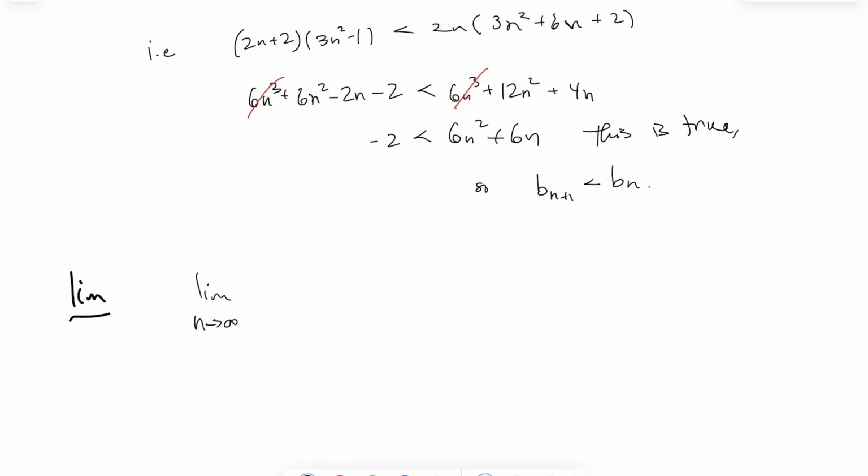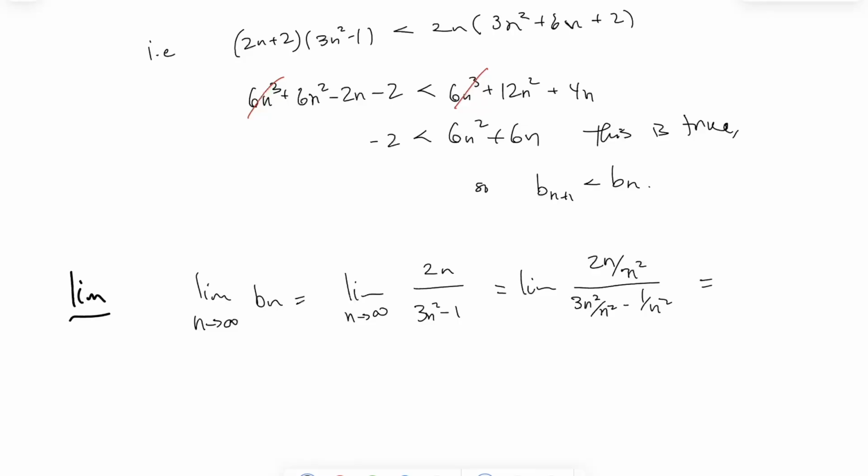Typically, we have to take the limit of the bn's, and that is 2n over 3n squared minus 1. How do we do this limit? This is an easy limit. It is one of these ratios of powers of n, so I would divide out the biggest power on the top and the bottom, so that I would write 2n over n squared, and then 3n squared over n squared minus 1 over n squared.